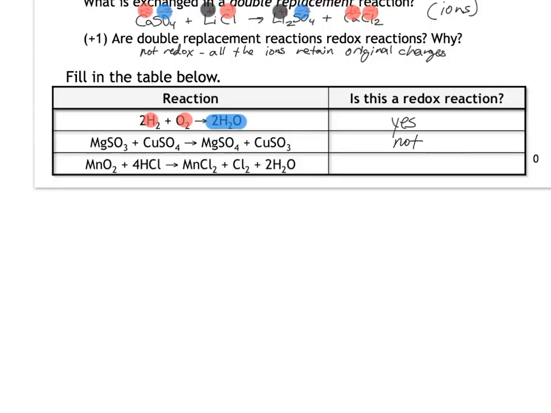And then thirdly, we have manganese oxide with hydrochloric acid, but it's making manganese chloride, an uncombined element, chlorine, and water. So the chlorine is uncombined on the right, but it was definitely combined on the left. Oh look, it's also combined on the right as well. So it's all kinds of stuff. It's uncombined and it's combined. So that's proof that it had to have changed its oxidation number, and therefore this was definitely redox. So yes.